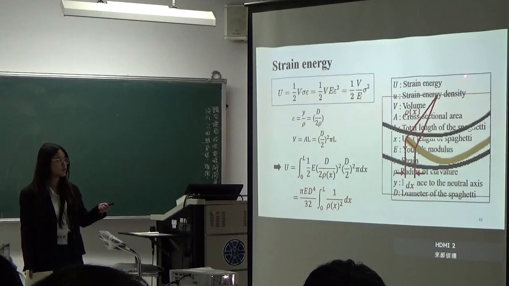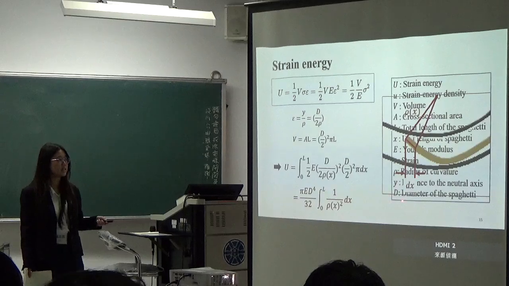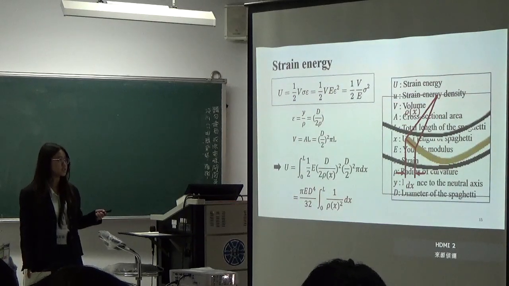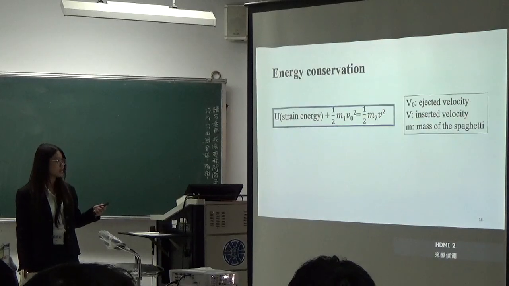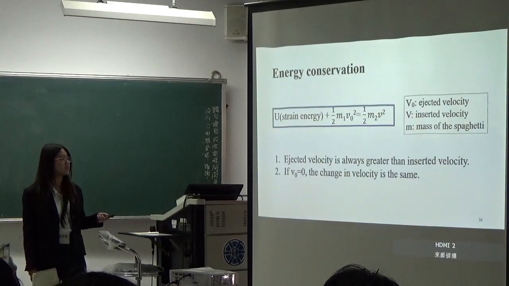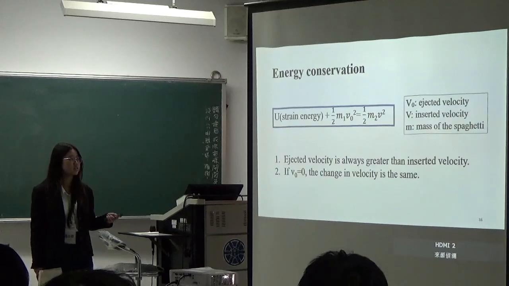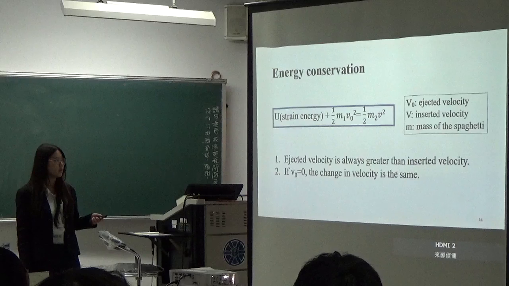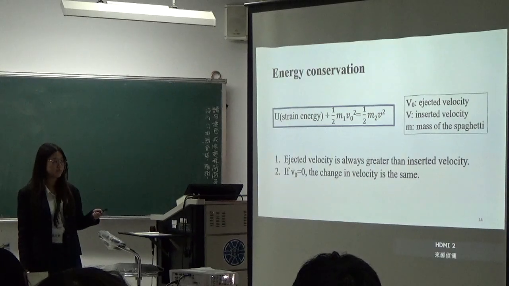You can see a picture over there. The x means the small distance that refers to the radius of the curvature. And ejected velocity is always greater than inserted velocity. If the inserted velocity is 0, the change in velocity is the same.